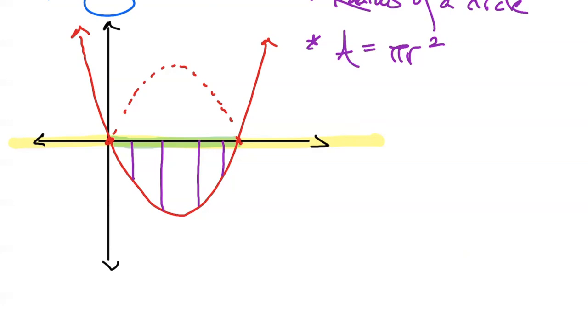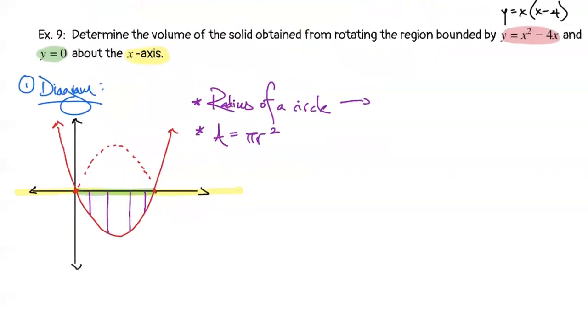Okay, so in order to find our radius, sometimes we have to revisit these ideas of top minus bottom or right minus left, okay? Top function is 0 minus the bottom function, which is the equation we were given. What does that look like?